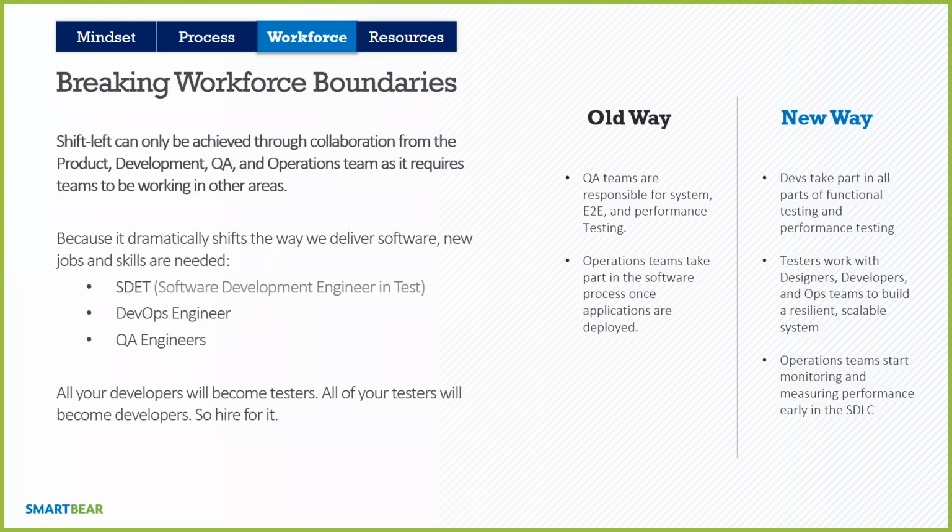And so we're not saying that you want to hire testers, but you want to hire curious developers, devs that aren't afraid to write unit tests, that aren't afraid of the shifting left concepts, that aren't afraid of getting involved, and they have that curiosity and that aptitude and that appetite for it. So I think that's really what breaking the workforce boundaries is all about.